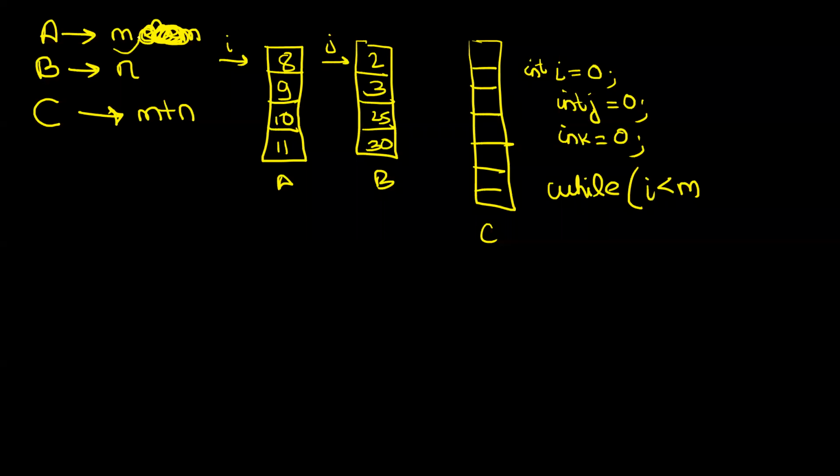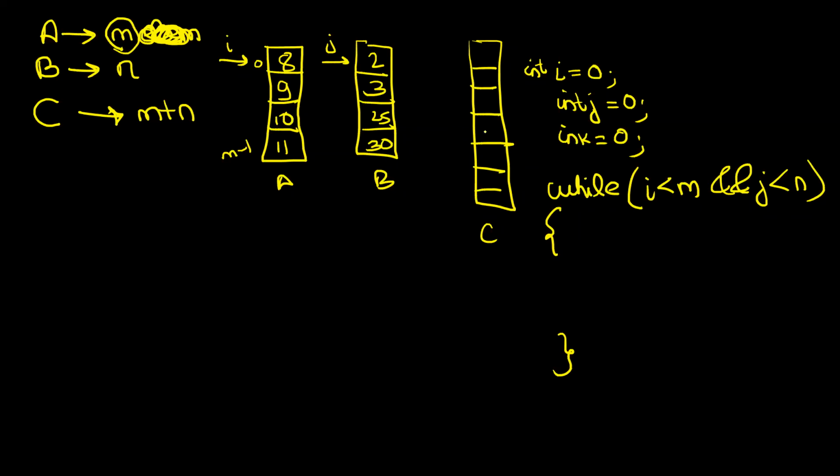There are M elements in array A, so the valid indexes are from 0 till M minus 1. So while i is less than M, i is at a valid index of array A, and j is less than N. If both of these conditions are true, i is at a valid index as well as j, which means both the arrays A and B have elements to offer.